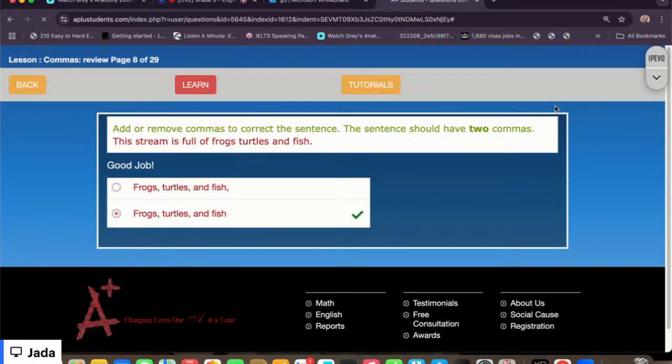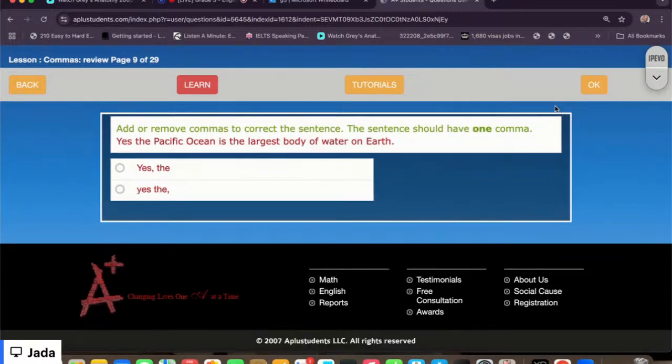Okay. All right, so we have, "Yes, the Pacific Ocean is the largest body of water on Earth."